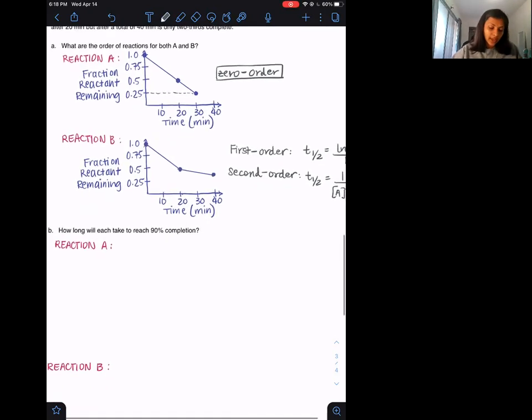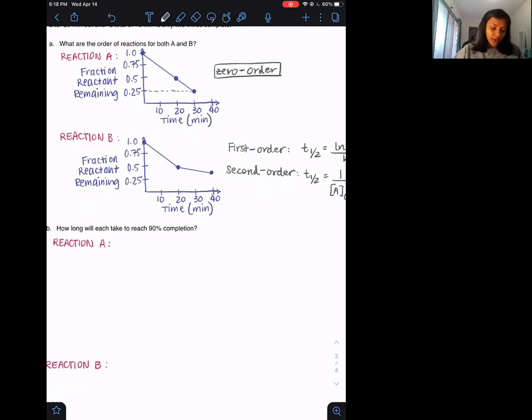Now we can do the same thing for reaction B. Reaction B is also half complete at the 20-minute time point, but at the 40-minute mark, it is only 2/3 complete. That means that only 1/3 of the initial concentration is left.